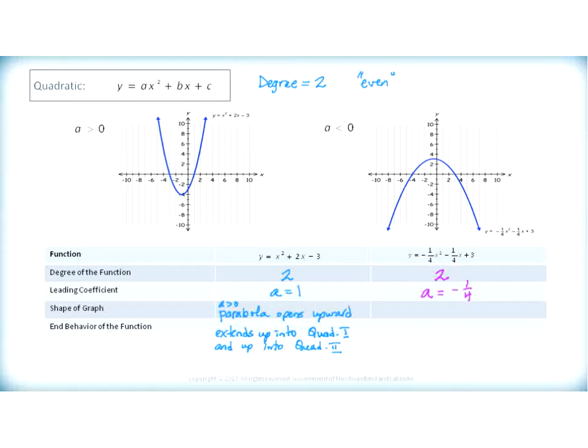And note that because that value of a is less than 0, we have a parabola that opens downward. To describe the end behavior of the function, it extends down into quadrant 3 and down into quadrant 4.